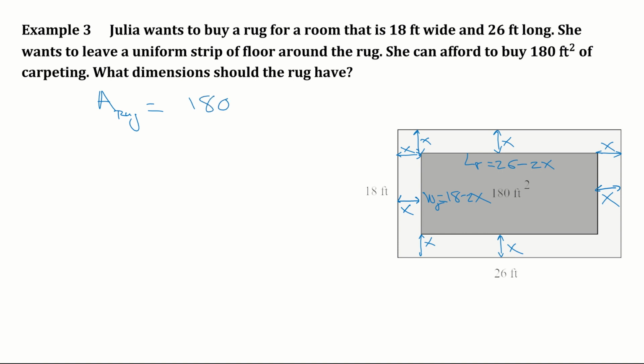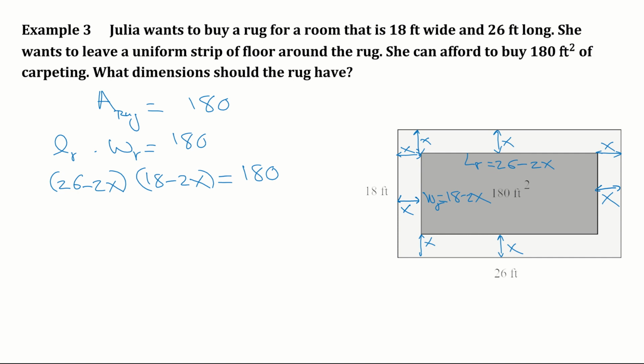So that means we know the area of the rug is just going to be the length of the rug times the width of the rug, right? So we want that to be 180. Now we know the length of the rug is 26 minus 2x, and that the width of the rug is 18 minus 2x. And that product needs to be 180. So now it's just a matter of solving that quadratic equation.